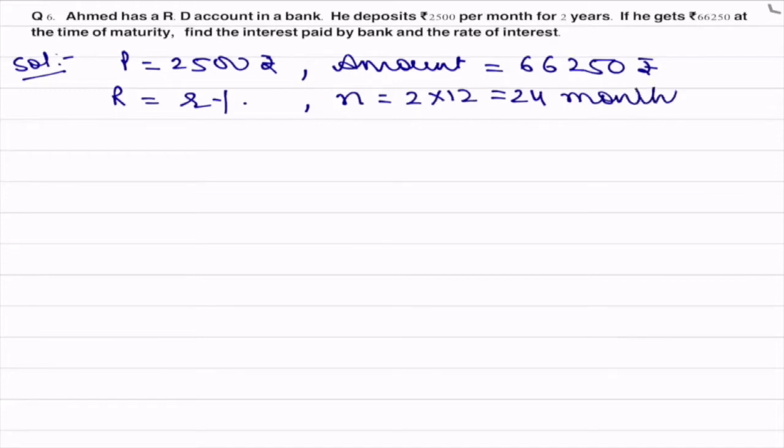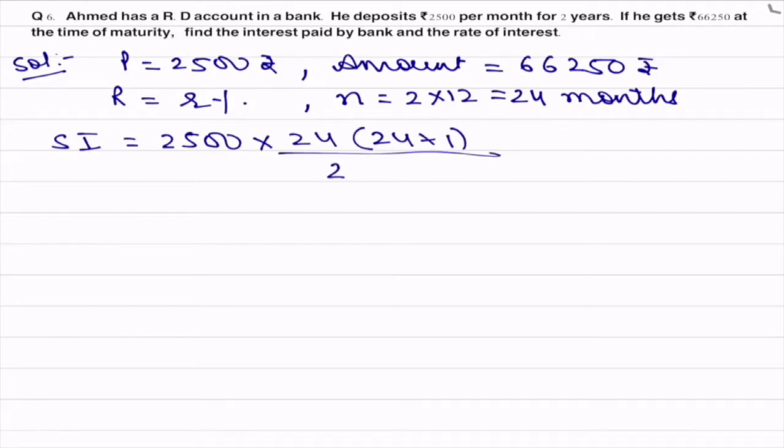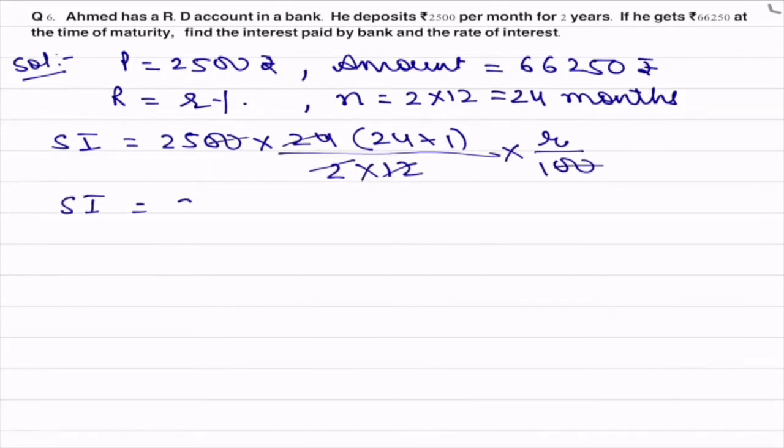So first we will get the simple interest by substituting in the formula: P into 24 into (24 plus 1) upon 2 into 12 into R upon 100. After solving this, we will see that the simple interest is 25 into 25 R, that is 625 R.